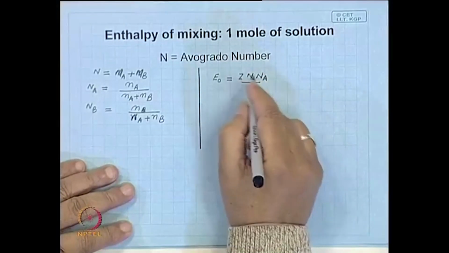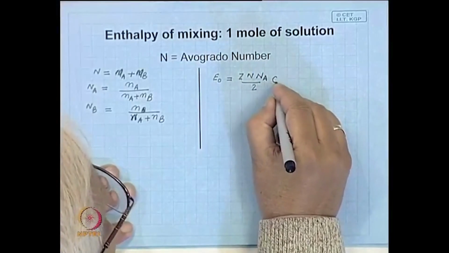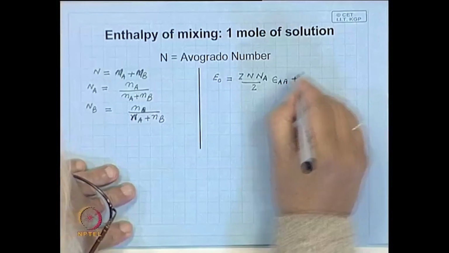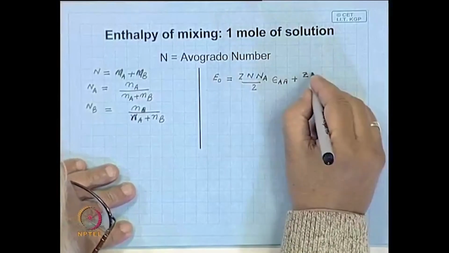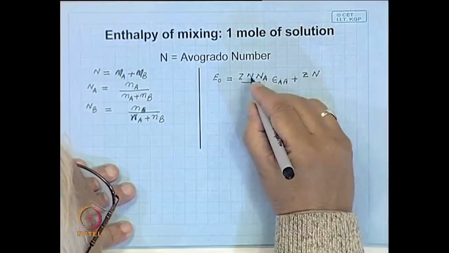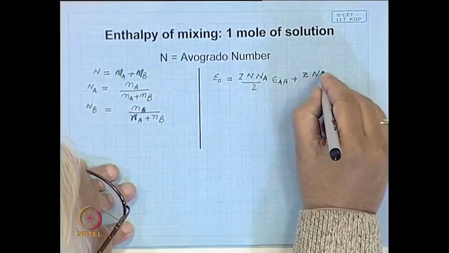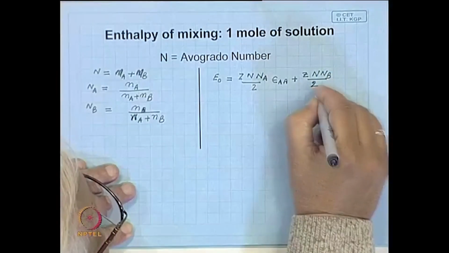So this is the number of bonds of type AA, and this energy is epsilon AA. Similarly, you can do it for the BB type of bond. So this is Nb divided by 2.